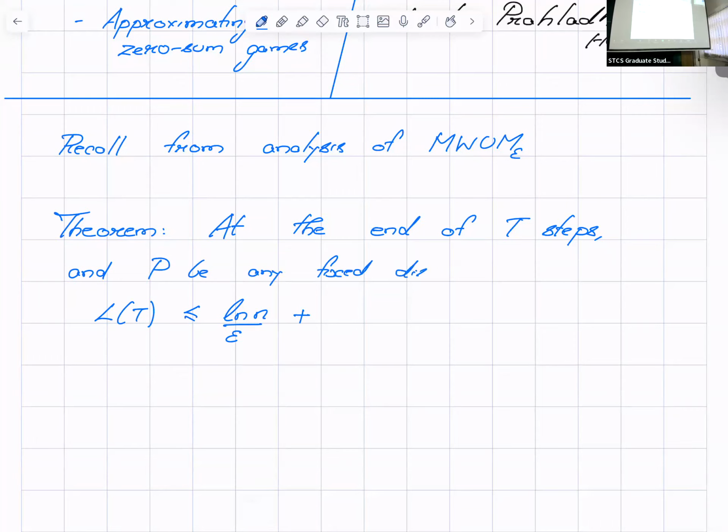This is a distribution that doesn't change, on the n experts. Then you fare well even compared to this distribution.